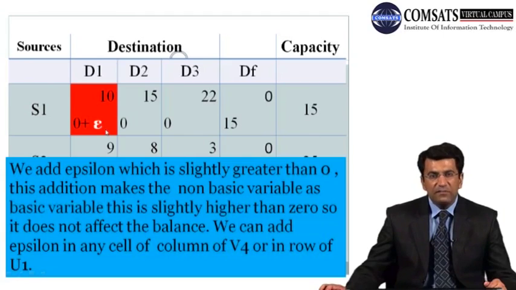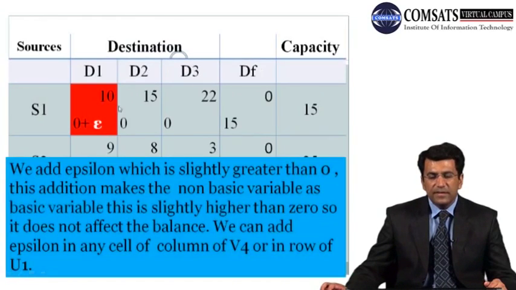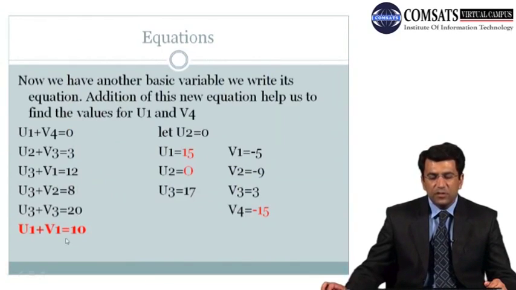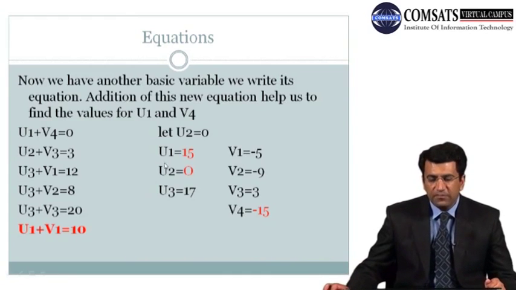So we can always have the equation for this particular cell as well. And what's that equation? That equation will be u1 plus v1 is equal to 10. So we have another equation. And now, because the occupied cells are equal to the m plus n minus 1 condition, and we have already computed the value of u1, if we put the value of u1 in this equation, the value of v1 will become minus 5.